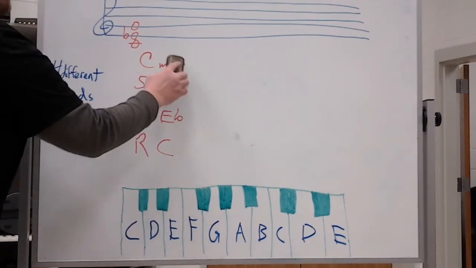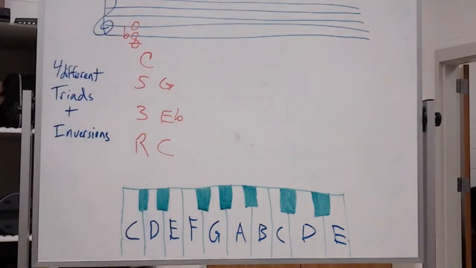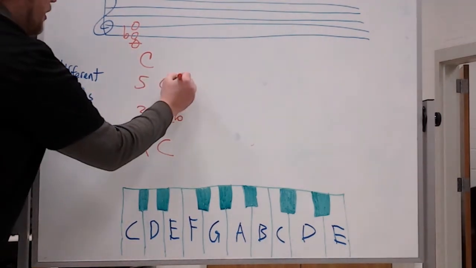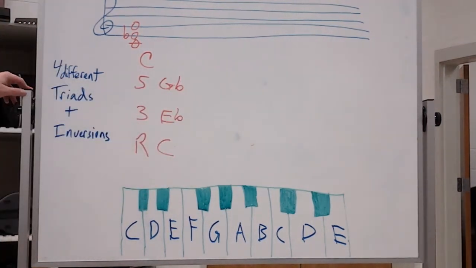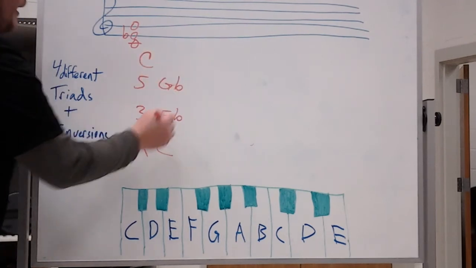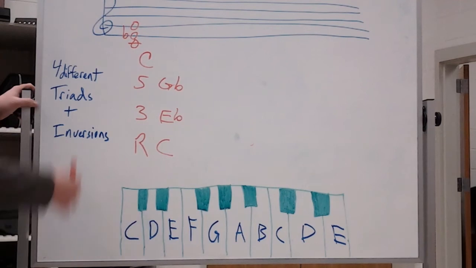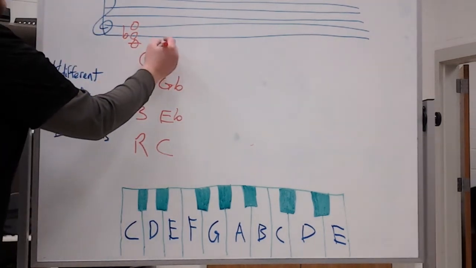We are going to take this one step further and change another note of our triad. We can put a G flat in this triad. Now what we're doing is flatting the fifth, and we also have a minor triad. There are a few different ways you'll hear this described in music.